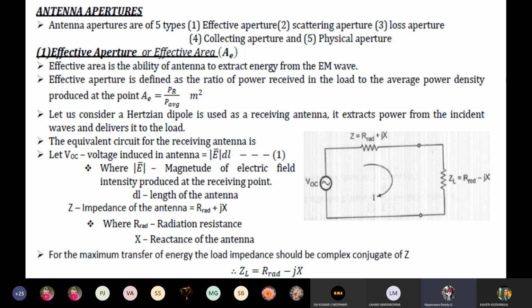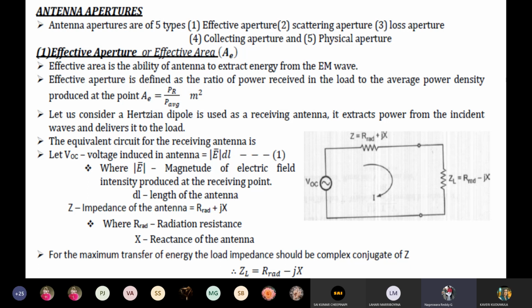Let us consider a Hertzian dipole used as a receiving antenna. It extracts power from the incident wave and delivers it to the load. The equivalent circuit for the receiving antenna is shown in the slide diagram. Let V_OC be the voltage induced in the antenna, that is modulus of electric field into dL. What is the basic formula of voltage?